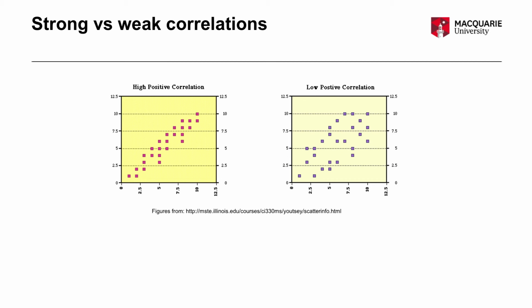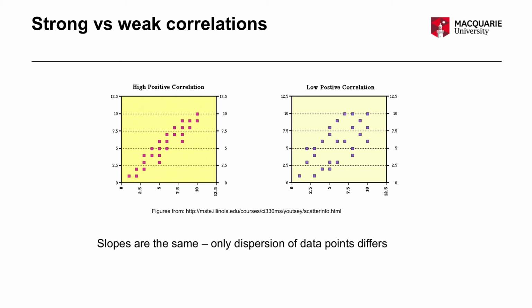This is also another demonstration of the same concept. On the left-hand side and the right-hand side, we have two different strengths of correlations. On the left-hand side, we have a high, a strong correlation. On the right-hand side, it's a low correlation. And this has nothing to do with the actual slope, the actual steepness of that line, or of the actual pattern between the representation of the association between the IV and the DV.